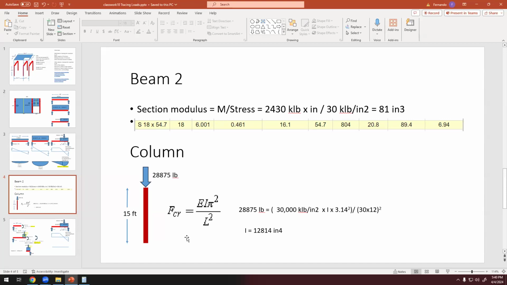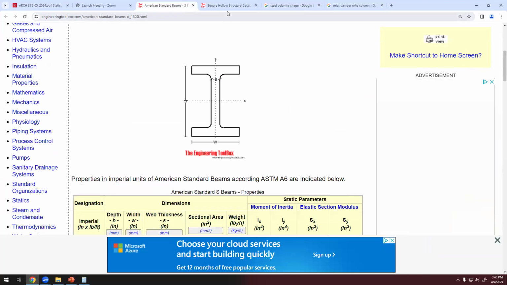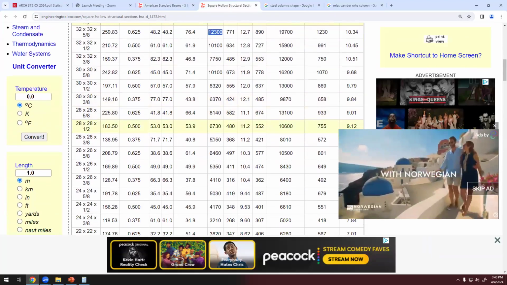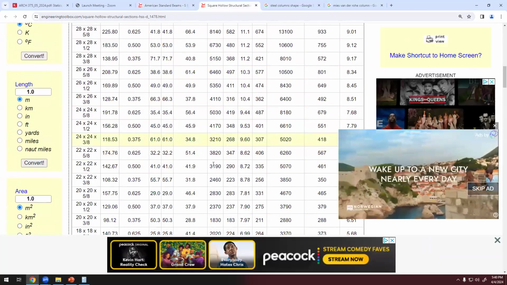So if it's not 30, it's 15, that number will be around 3,200. And if this is around 3,200, we can select one of those beams here.